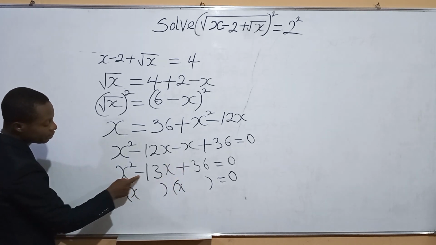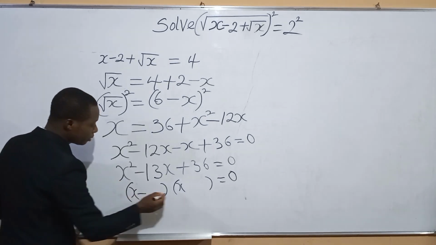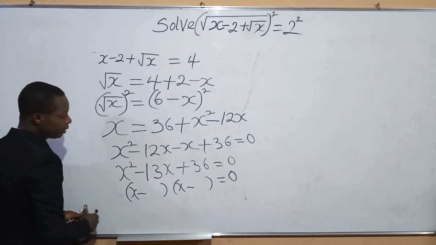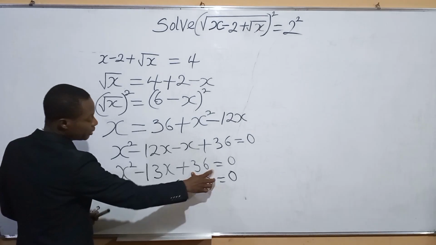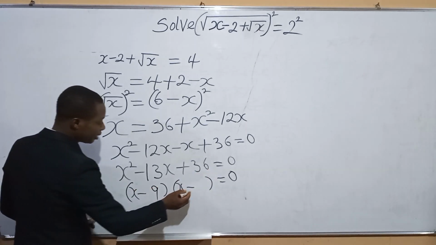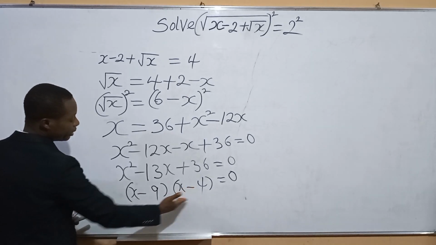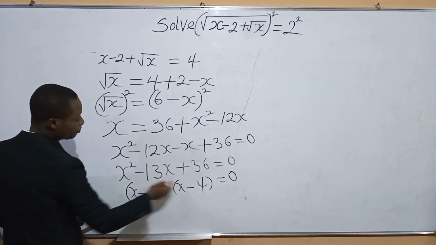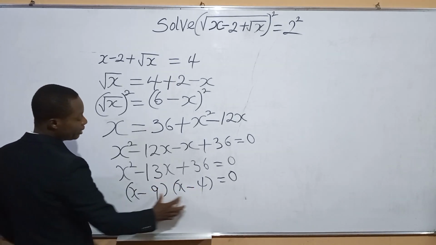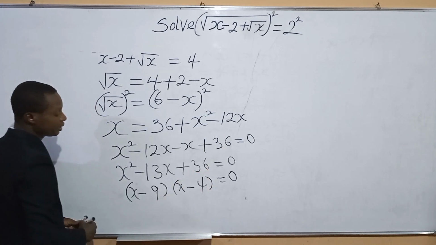And the 2 numbers must be minus because we have minus here. So which means you are going to put minus and minus. Okay? So the 2 numbers here must give us 9 and 4. So 9 and 4. If you check it, you see that we are right. Minus 9 minus 4 is minus 13. And minus 9 times minus 4 is plus 36.